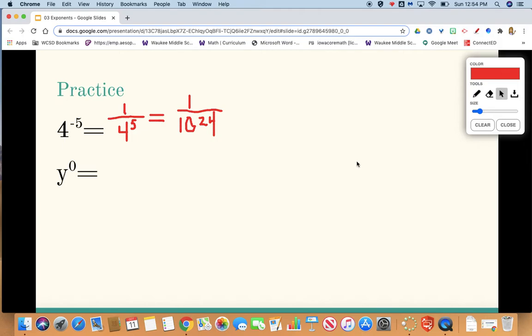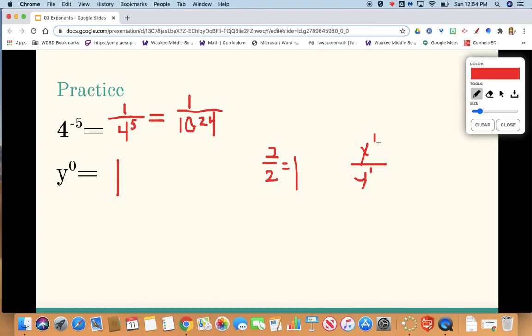Y to the 0. What did we say anything to the 0 power was a few slides back? 1. And a quick way to connect why that makes sense: any number over itself, like 2 over 2, equals 1. So if I'm dealing with y's, let's say I have y to the first over y to the first, that's the same number over itself.